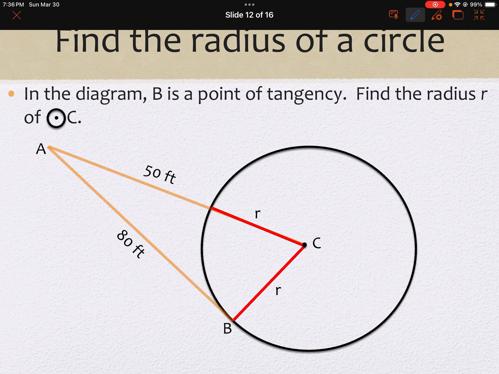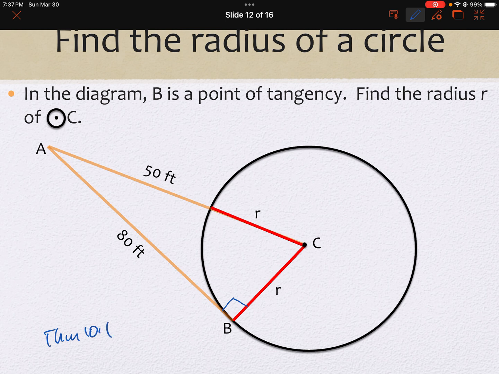In this diagram, point B is a point of tangency. Let's find the radius of circle C. Am I going to be able to do this without a calculator? Goodness, I don't know. Okay, so same thing. If point B is a point of tangency, notice how it intersects with that radius. That makes a right angle. That's what's really important. You got to write that down. That's theorem 10.1. Okay, now that makes a right triangle.